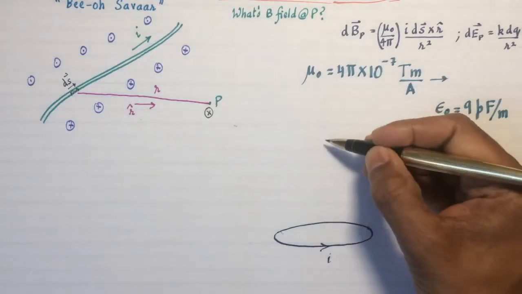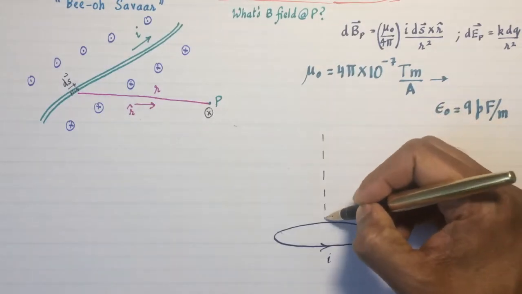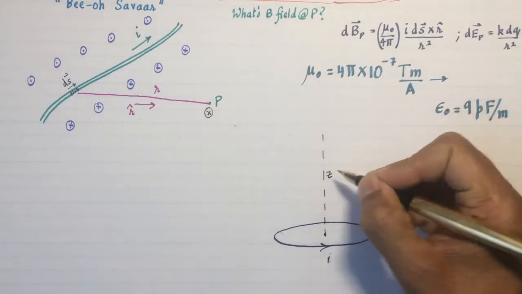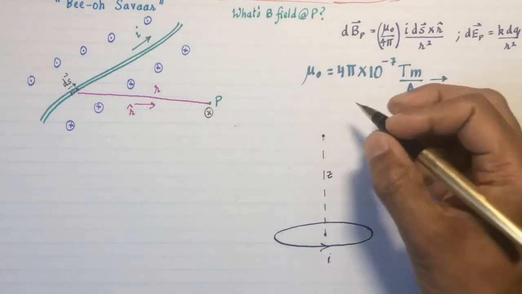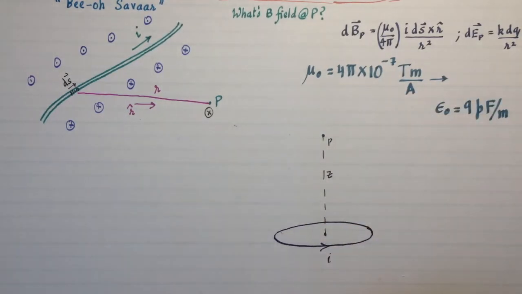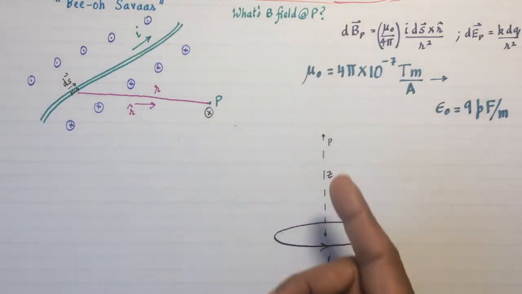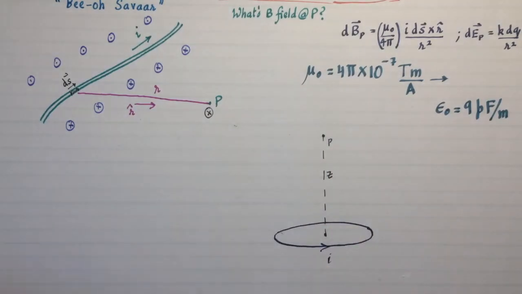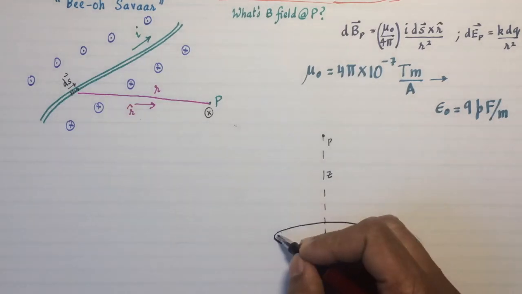So let's set up the axes. That's the z-axis, and the point P is over here. We have to find out the dB vector, and now symmetry can be used in this case because this ring has got a circular symmetry, or cylindrical symmetry rather.